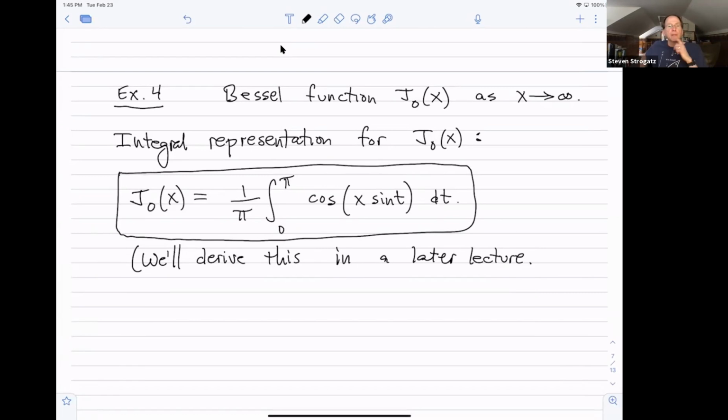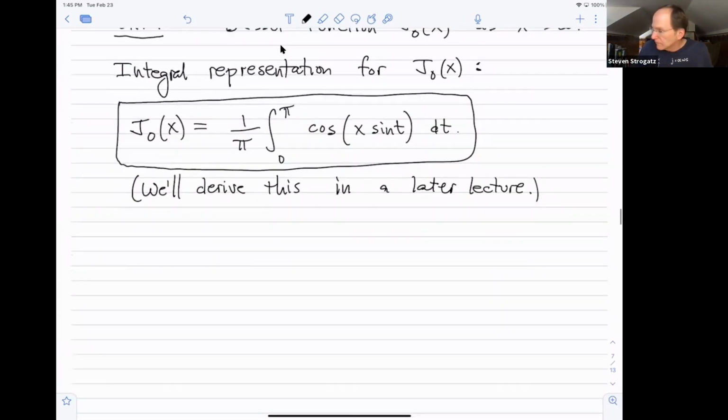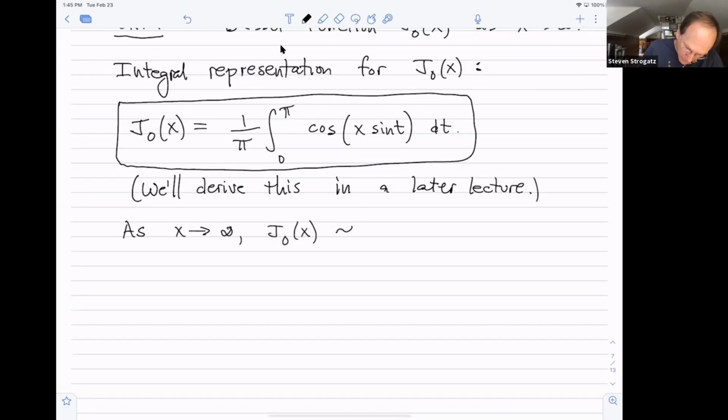Okay, so there's my formula. And we're interested now in the large x behavior of this. As x goes to infinity, J0 is asymptotic to what?